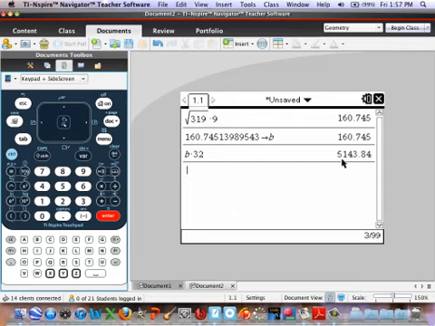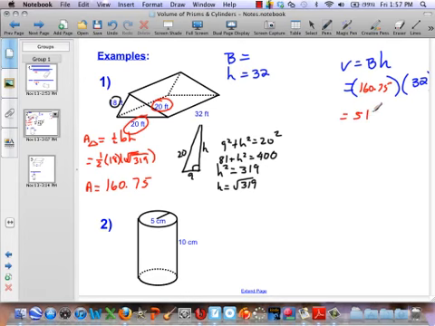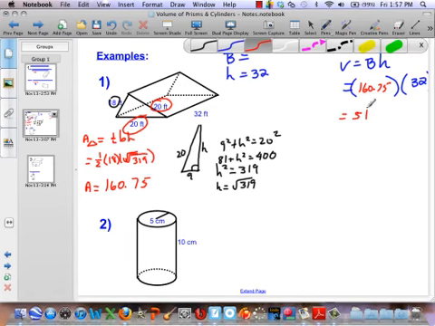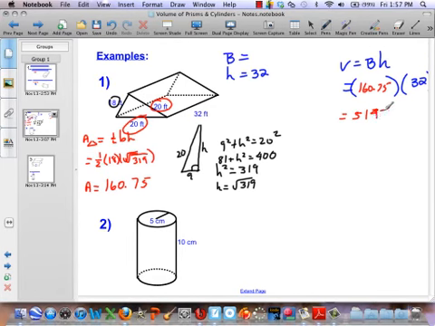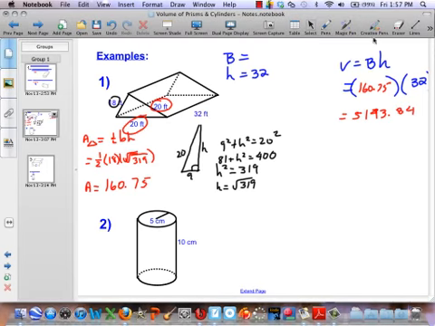And we now have the volume, which is 5,143.8. Okay, so that's right, 5143.